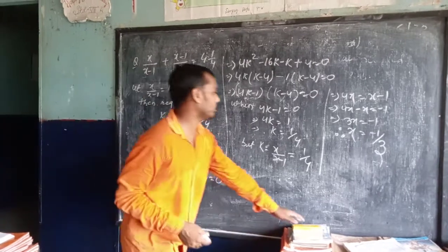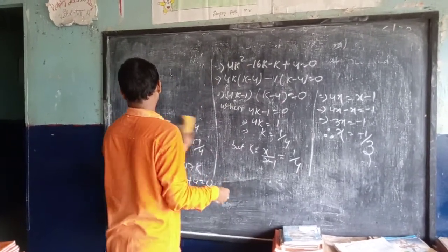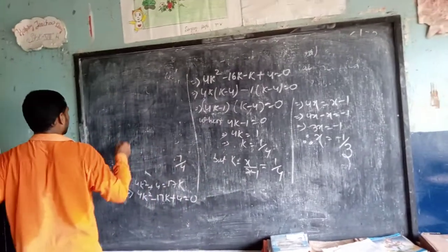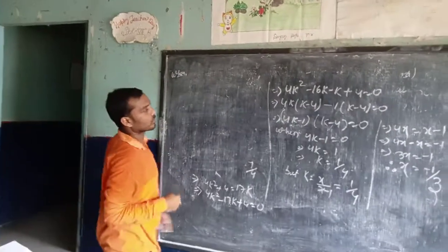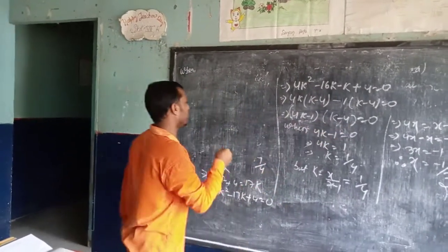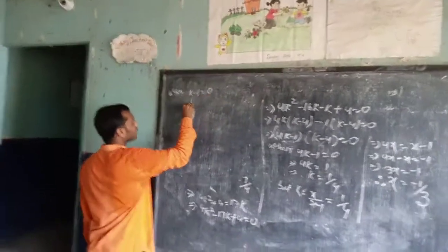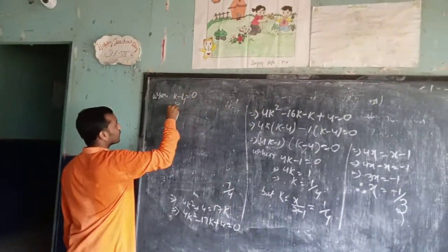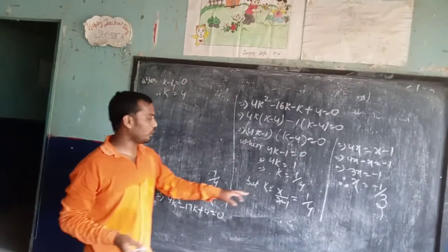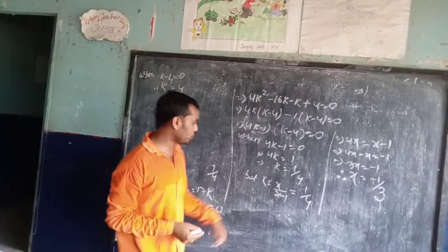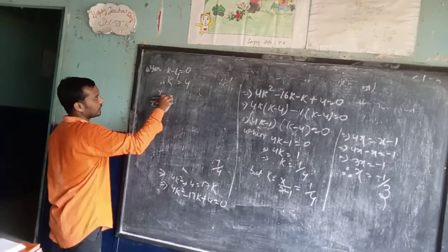Similarly, student, when k minus 4 equal to 0, k equal to 4, but the value of k is x by x minus 1. At the place of k, write x by x minus 1 equal to 4.